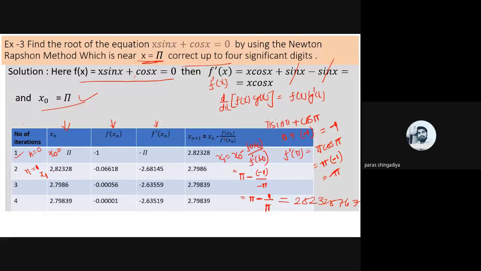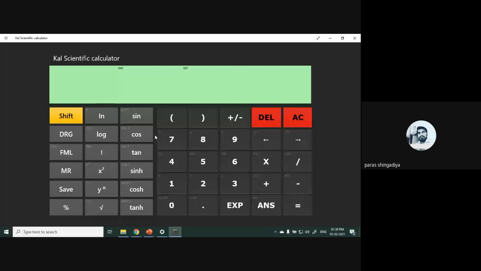Okay, 2.82328, and now check the function output at the value 2.82328. We have the function x into sin x plus cos x, and the value of x1 is 2.82328. So let us verify this value in the calculator so we get an idea how we can solve this type of function.